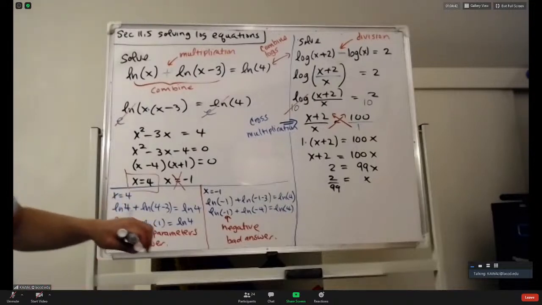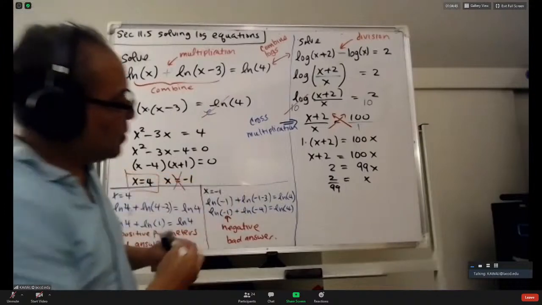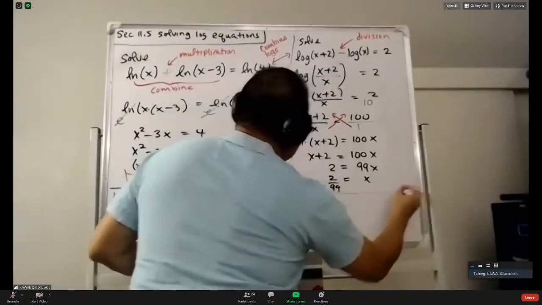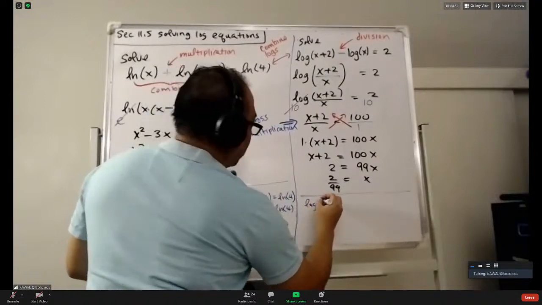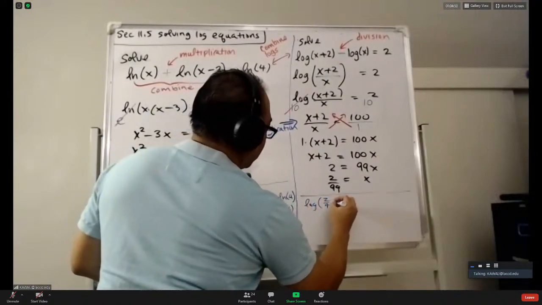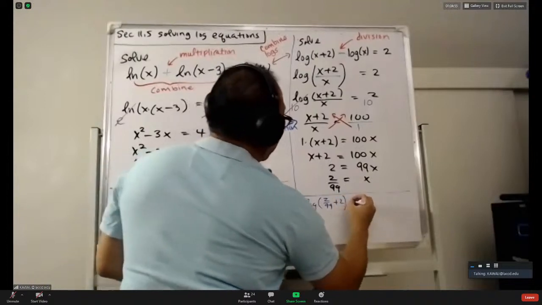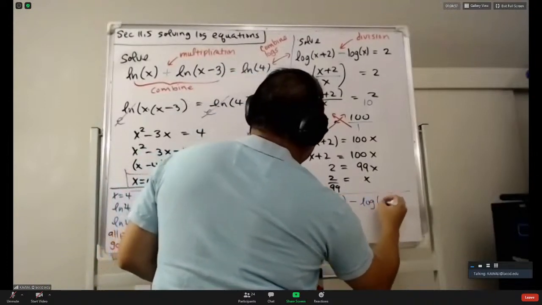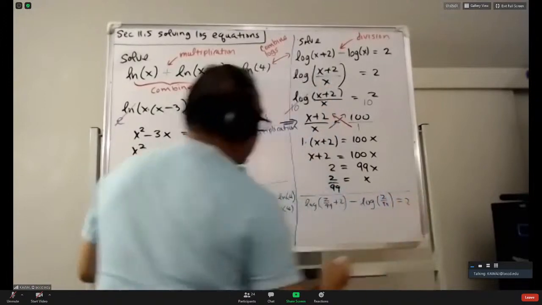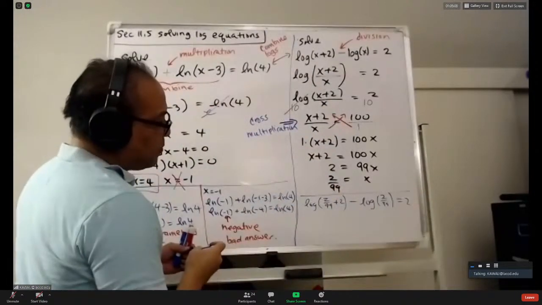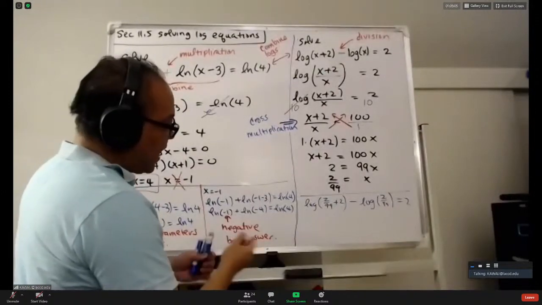Okay. Now, let's make sure that it makes the parameter positive. So if I go log of (2/99 + 2) minus log of 2/99 is equal to 2. That's 2 and 2/99. Both of those are positive. It's a good answer.